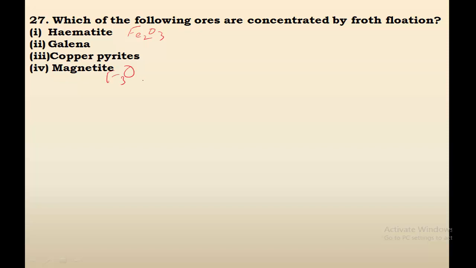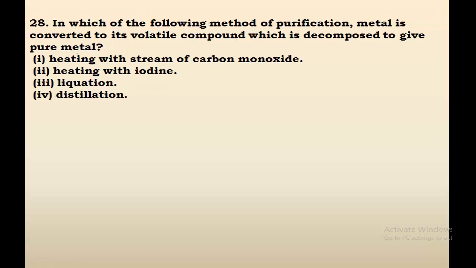Magnetite, Fe3O4, is also an oxide ore. Galena, PbS, and copper pyrites, CuFeS2, are sulfide ores, which are concentrated using the froth flotation process. So second and third are right.